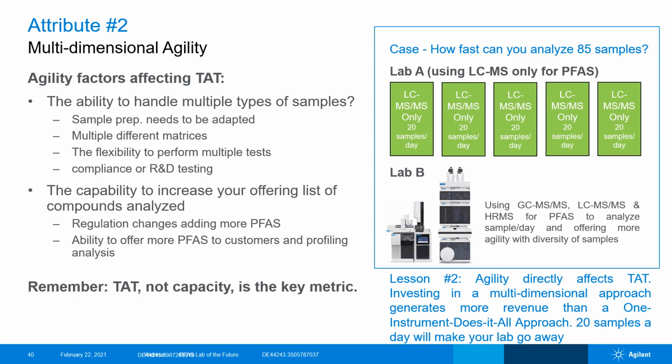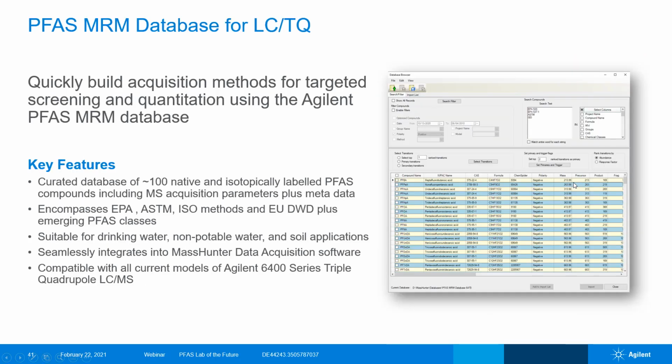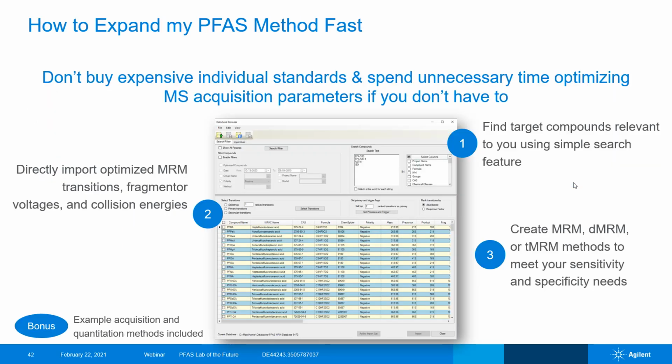And one of the ways of increasing turnaround times is reducing time in method development and method validation. So tools such as the PFAS MRM database for LC triple quad are really important here. This is basically a curated database of 100 PFAS compounds that you can add to your analysis in a drag and drop fashion. What this allows you to do is to potentially future-proof your lab by making sure new PFAS can easily be added on to your methods, but it also significantly saves on method development and optimization time because all that work is already done in the database.